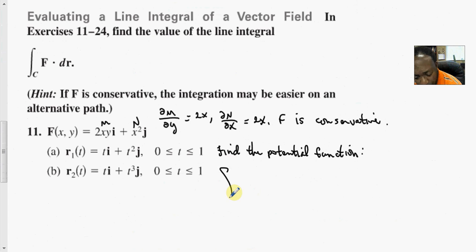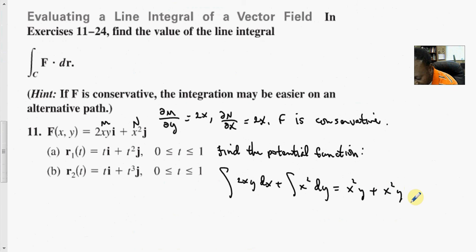To do that, we're going to integrate capital F: the integral of 2xy, replace the i with dx, plus the integral of x squared, replace the j with dy. Well, this gives us x squared y plus x squared y plus some constant.